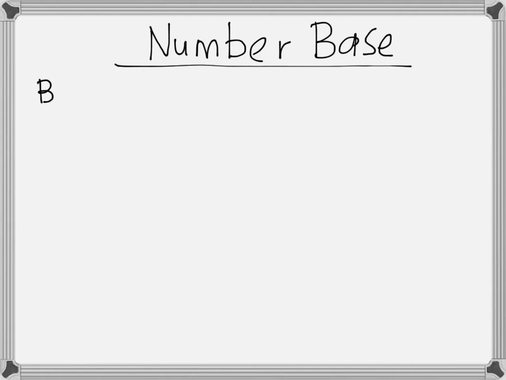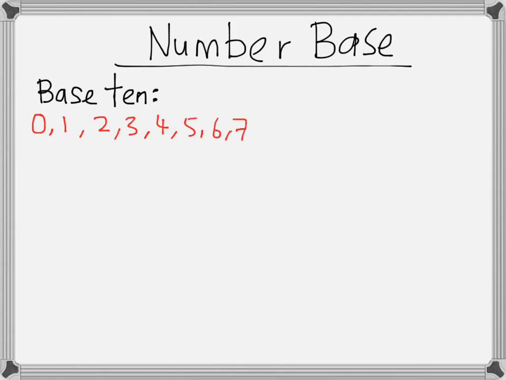When we call it base 10, it means the number is formed by the 10 digits, which are 0, 1, 2, 3, 4, 5, 6, 7, 8, and 9. Base 10 means the number is formed by all these 10 digits.